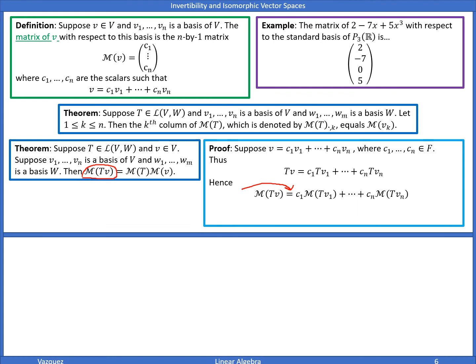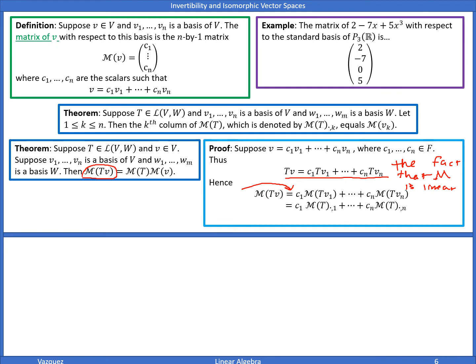How do we know that this is actually equal to this? Well, we are really just using this equation and the fact that M, script M, is linear. That's all we're doing for that equality.